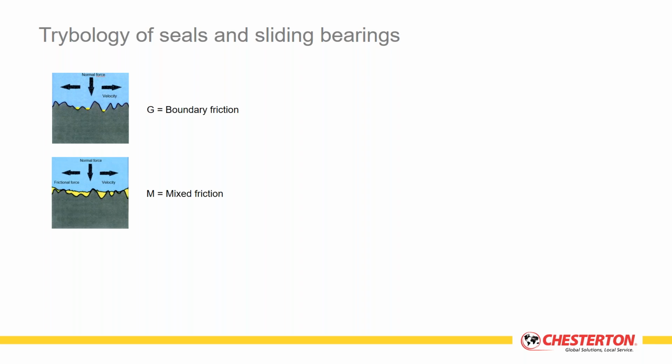In the case of a slow speed application, which is typically an oscillation with a very low speed and this ±3 or ±5 degrees, we can expect a kind of mixed friction. As you see in the picture, we have more lubricant, more fluid between the surfaces, but it is still not completely lubricated.